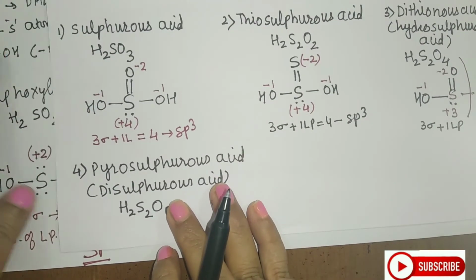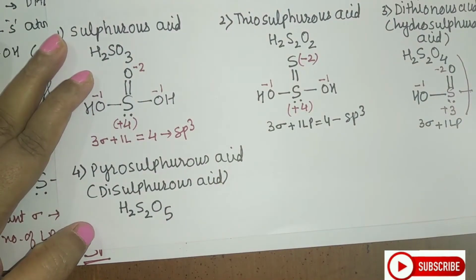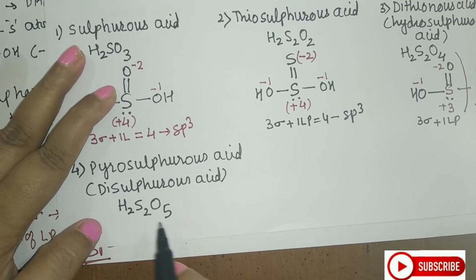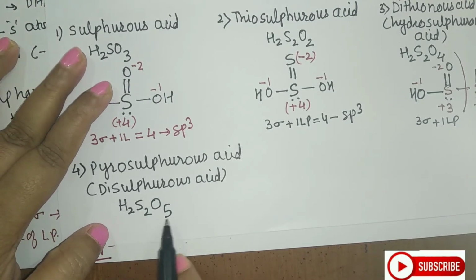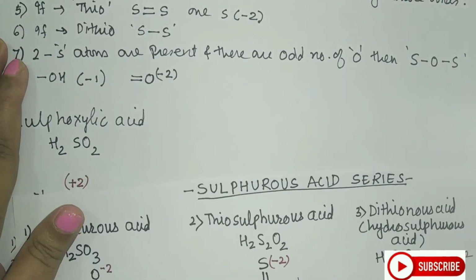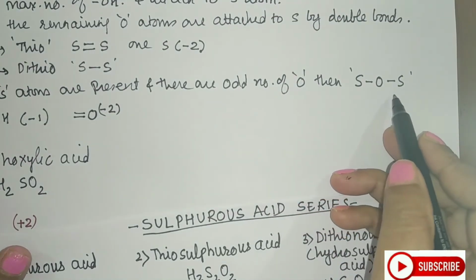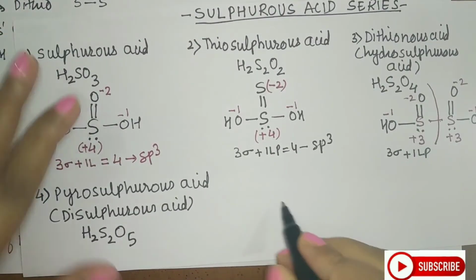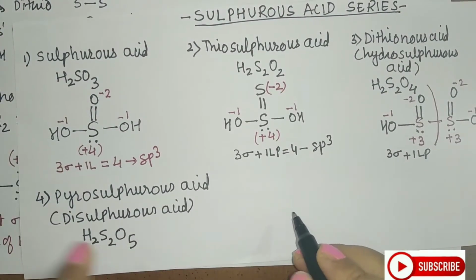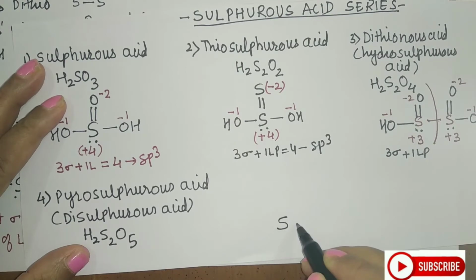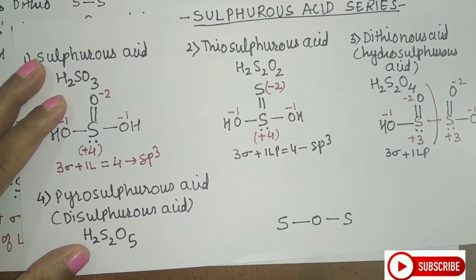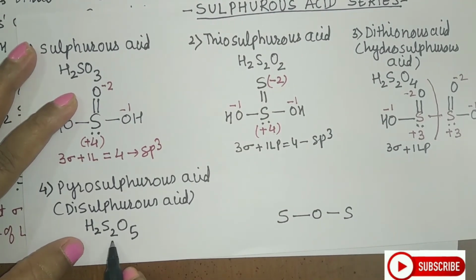Come to this pyrosulfurous acid. Now this pyrosulfurous acid, if you see students, has 2 sulfur atoms and an odd number of oxygen atoms. So when there is an odd number of oxygen atoms, then we have to use an SOS linkage. So let us form the SOS linkage here for this acid. 2 sulfur atoms and 1 oxygen atom I have used.